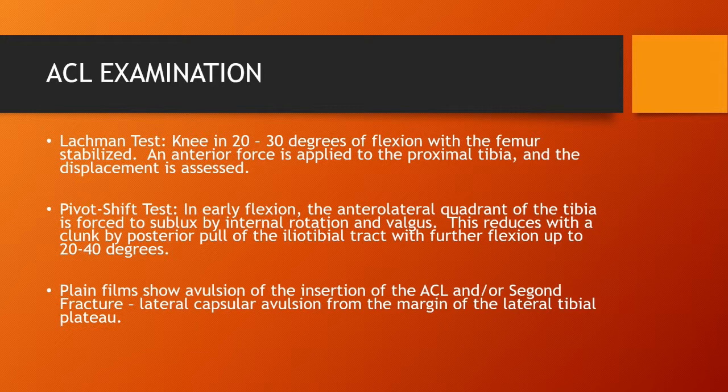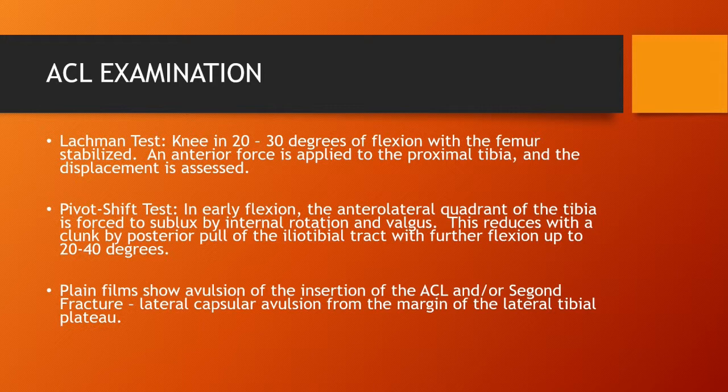Then with the opposite hand, the examiner applies an anterior force to the proximal tibia to attempt to translate the tibia anteriorly on the stabilized femur. And the displacement is assessed. So any significant displacement above and beyond normal ligamentous play would qualify for ligamentous laxity.